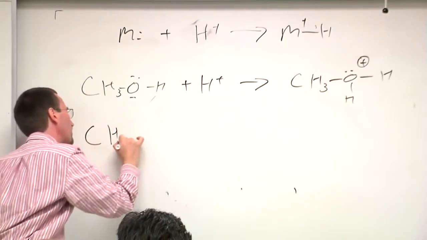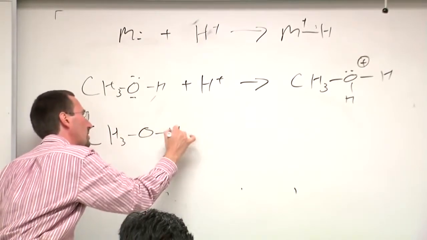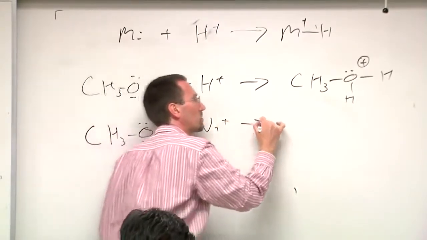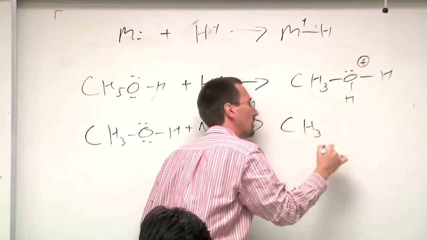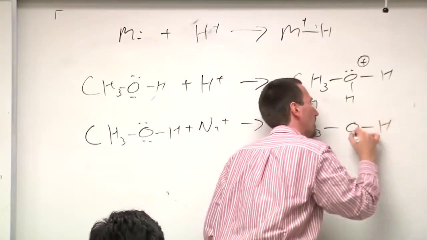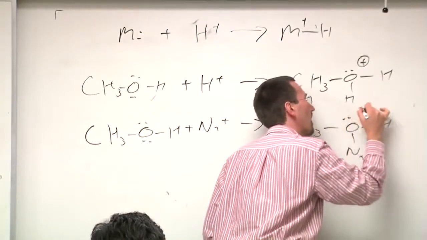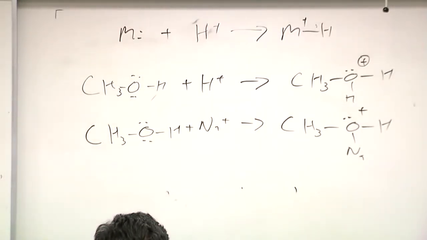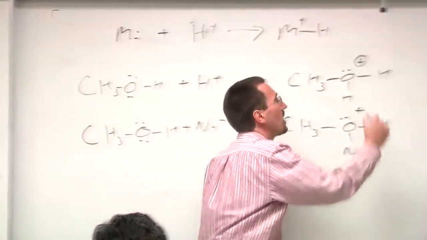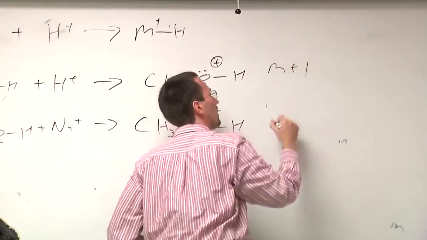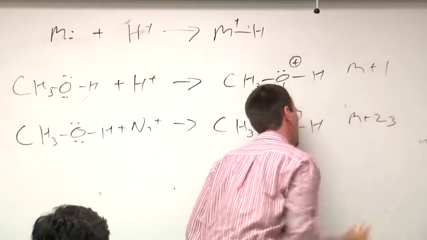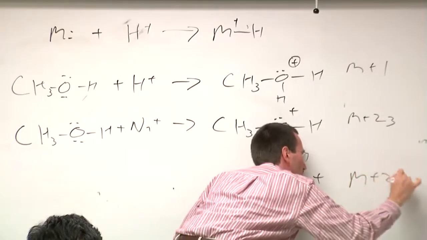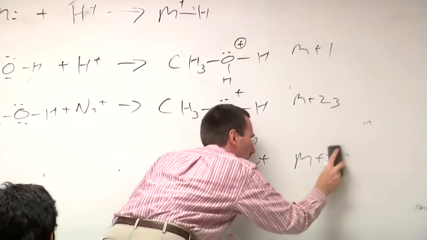You have sodium from glass everywhere. So if you put a sodium on in your soft ionization, for example, in ESI mass spec, you'll end up with a sodium on your molecule. This would be M+1. This would be M+23. Sometimes you'll see potassium as M+39.